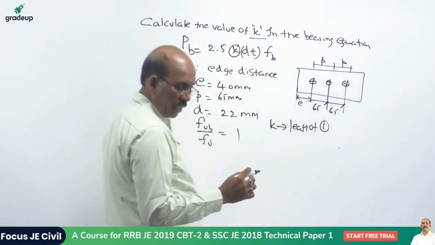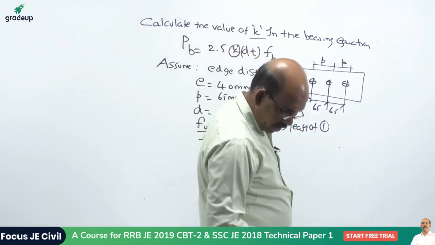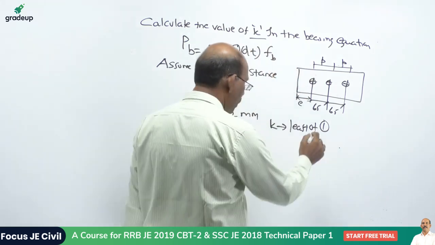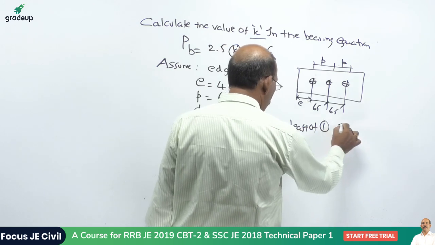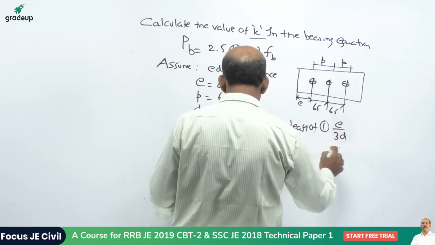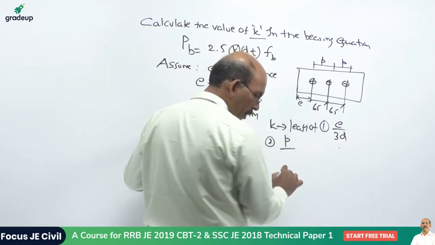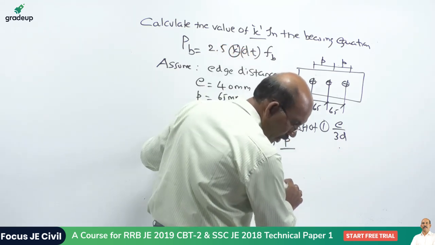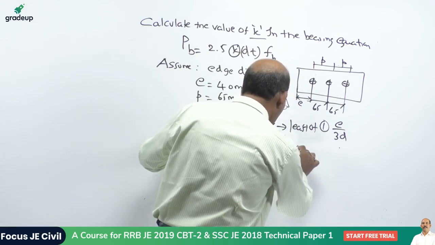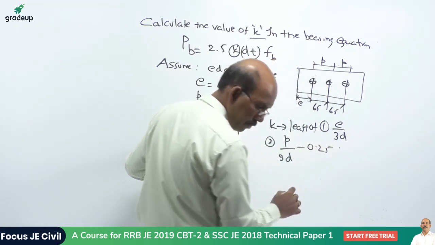One is the edge distance divided by 3 times D naught, that is E divided by 3 D naught. The second condition is pitch divided by 3 D naught minus 0.25.